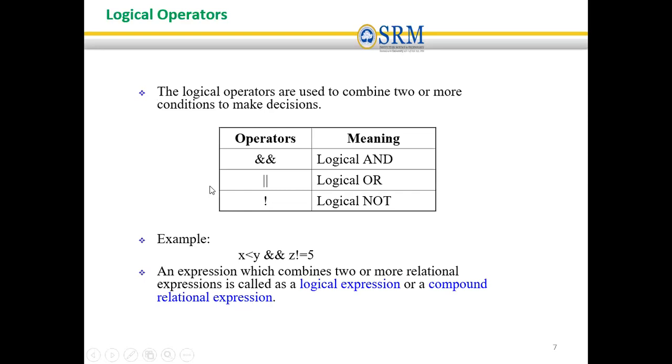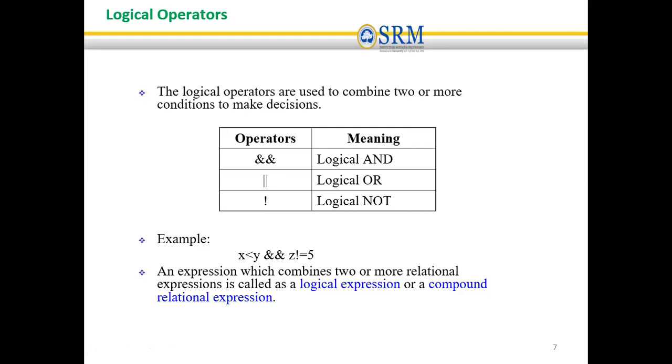Now the next operator is the logical operator. A logical operator is also a binary operator which operates on two operands. Here, the logical operators are actually used to combine two or more conditions to make decisions.